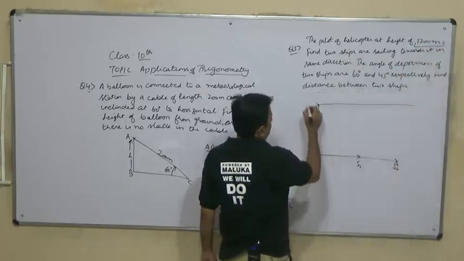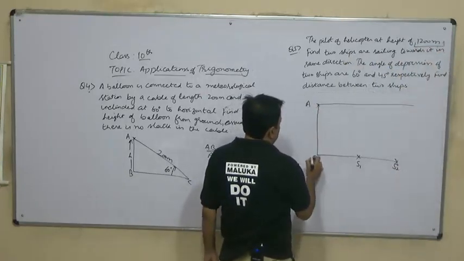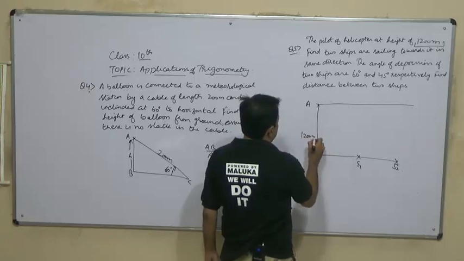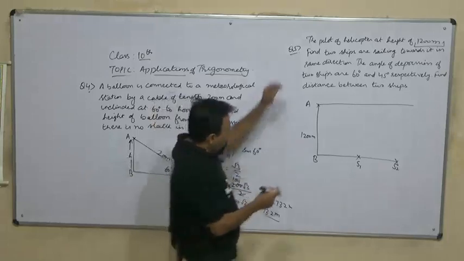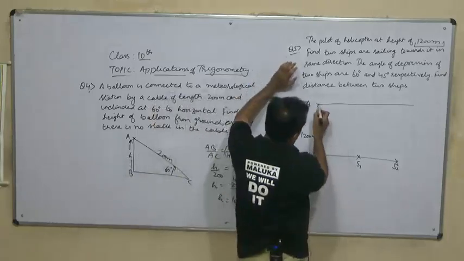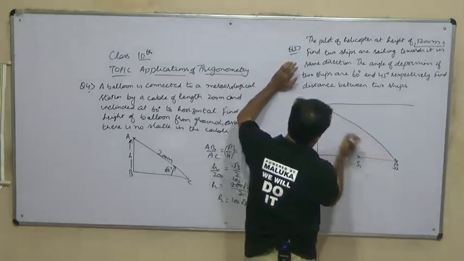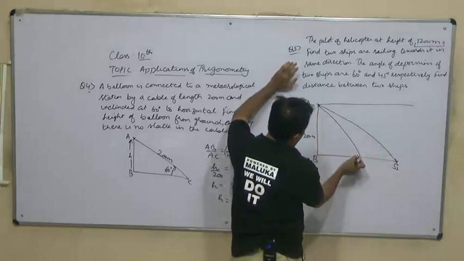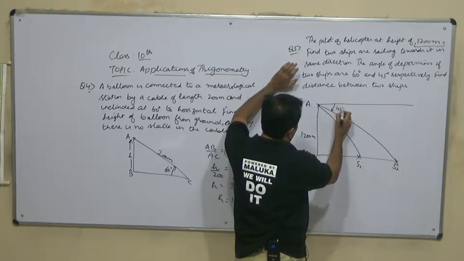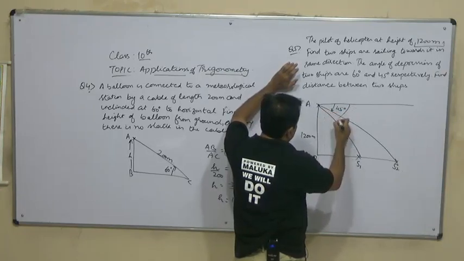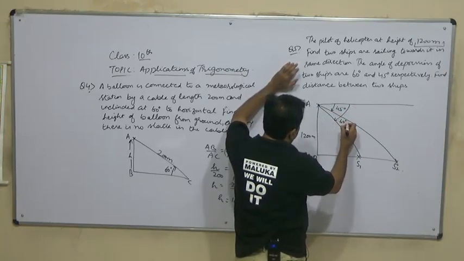So AB is 1200 meter, this is the height of the helicopter from the ground. And this is your 45 degree and this is 60 degree.